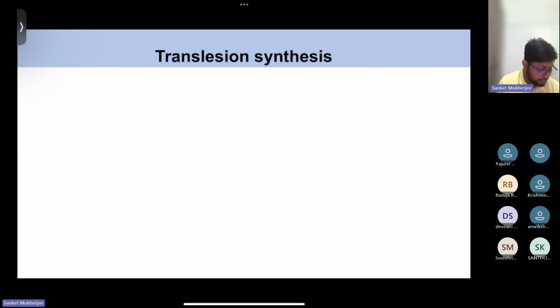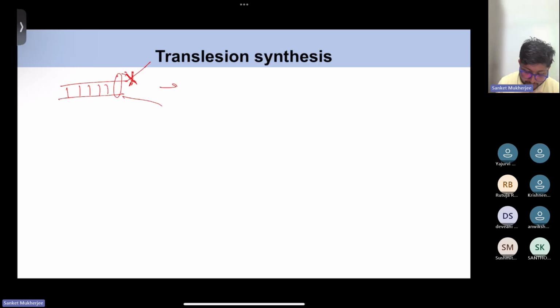Then there is something called translesion synthesis. Let's say this is a replication fork, right? If in the DNA there is a lesion which will prevent replication or transcription from happening further, there could be a process of repair called translesion synthesis.